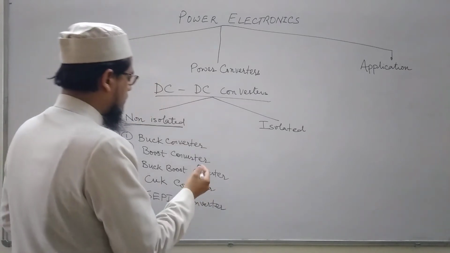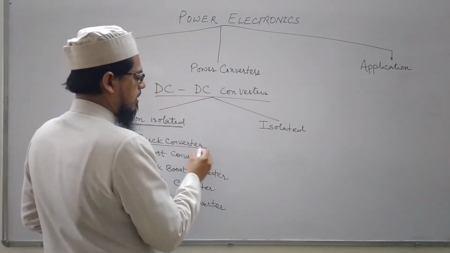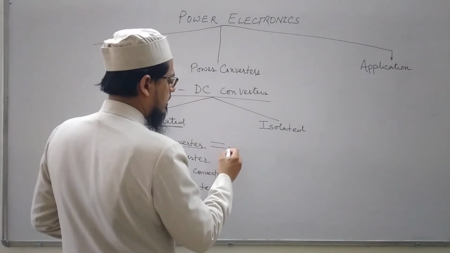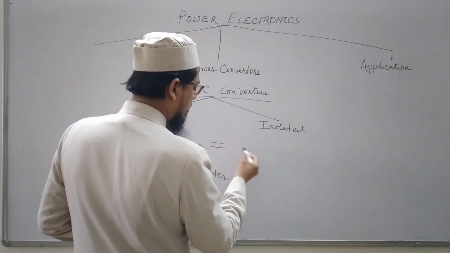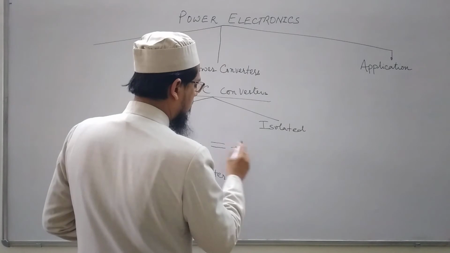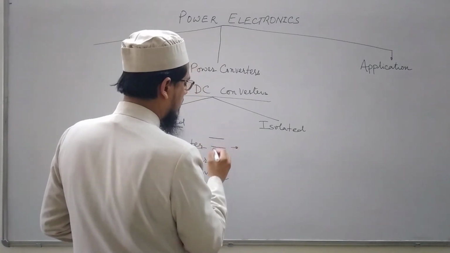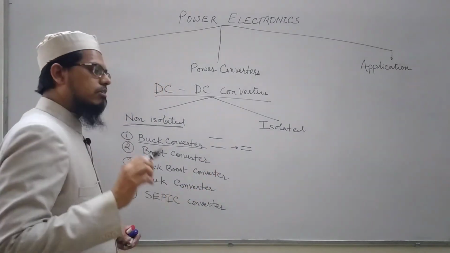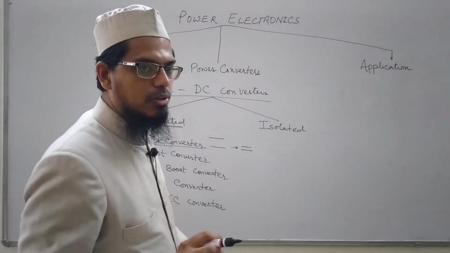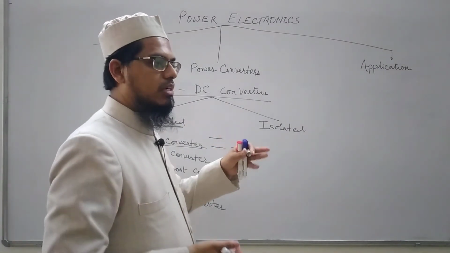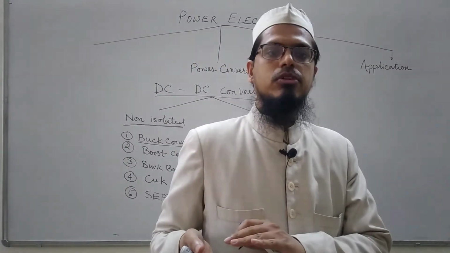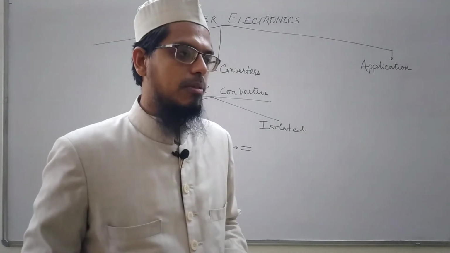As the name suggests, the buck converter converts a higher DC voltage into another DC voltage of lesser magnitude. So a higher DC voltage is converted into a lesser DC voltage magnitude with the help of these buck converters.